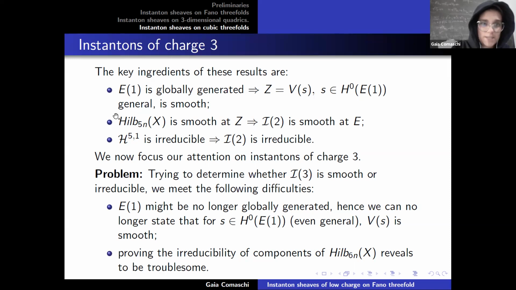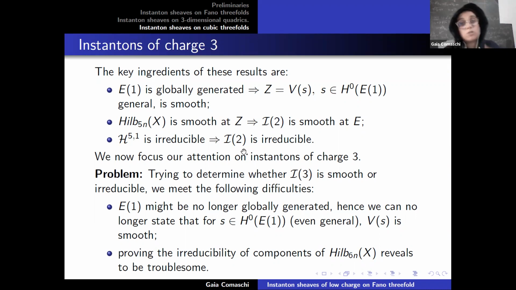Then we have the fact that the Hilbert scheme of elliptic quintics is smooth at smooth elliptic quintics, and in this way we can deduce the smoothness of the moduli space of instantons of charge 2. Then the irreducibility of this Hilbert scheme that parametrizes the smooth non-degenerate elliptic quintics implies the irreducibility of the moduli space E2.